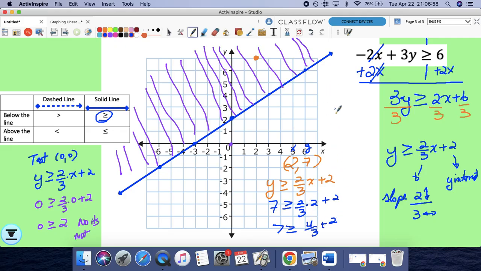And 4/3 is the same thing as 1 1/3. So if I add 4/3 plus 2, I get that 7 is greater than 3 1/3. Is that true? Yes, it is. So this point, 2 comma 7, satisfies the inequality, which also tells you that any point above our line also satisfies our inequality. Okay? That's it.